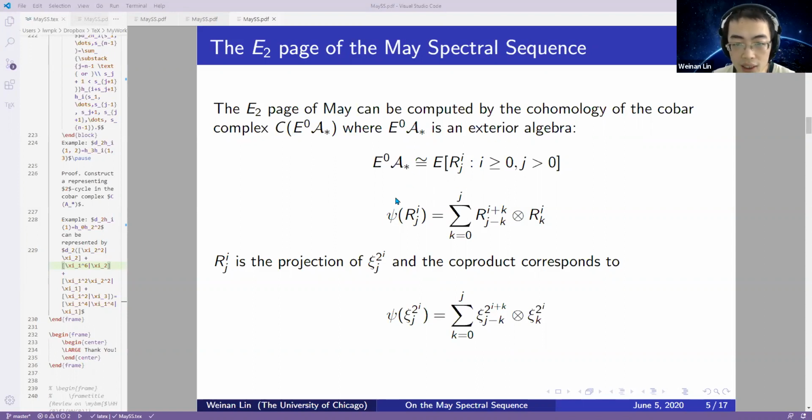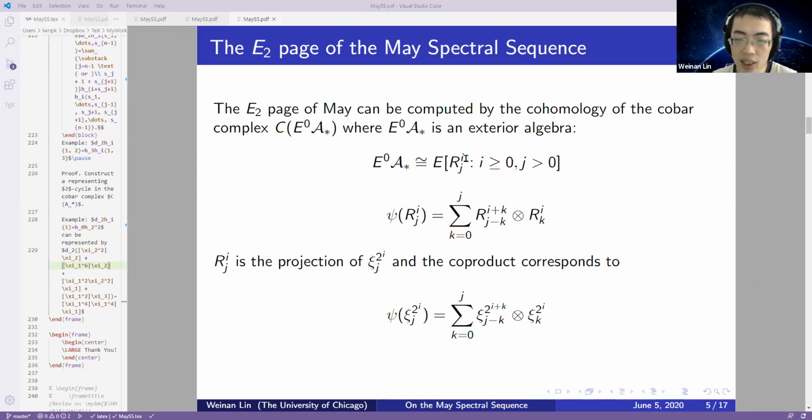We know, thanks to Milnor, that the dual Steenrod algebra is a polynomial algebra on generators, but the associated graded version is an exterior algebra on R_ij.